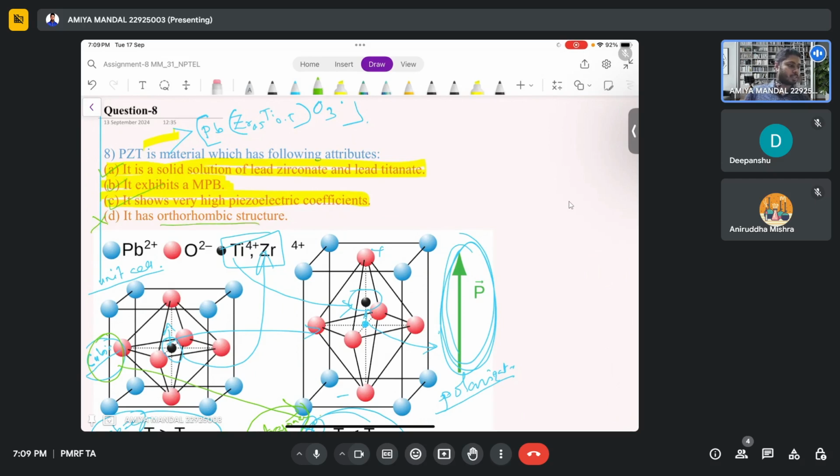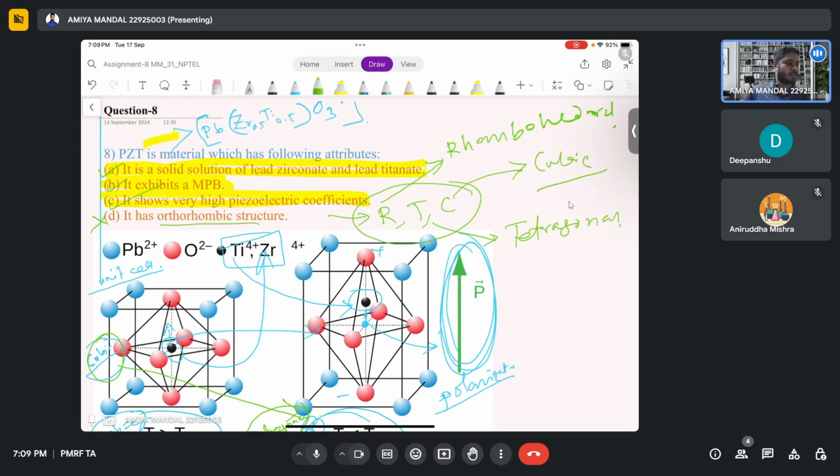It is not an orthorhombic structure; it mainly shows rhombohedral, tetragonal, and cubic structures. Three phases are observed in lead zirconium titanate, not orthorhombic. Orthorhombic is mainly observed in barium titanate, at minus 90 to 5 degrees centigrade.